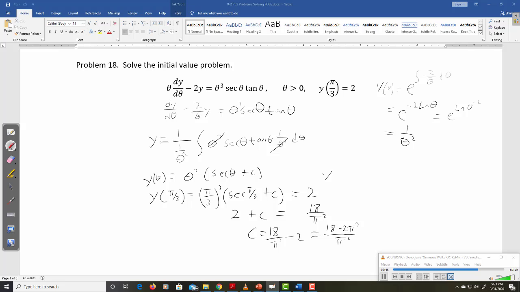So then, y of theta, our specific answer, is going to be theta squared times secant theta plus 18 minus 2 pi squared over pi squared.